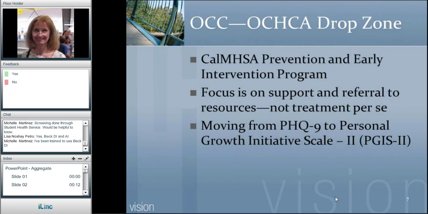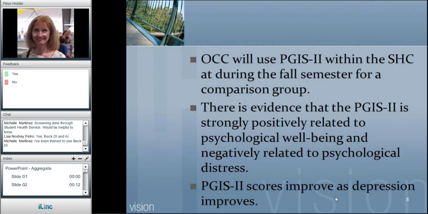He's now moving to a different tool called the Personal Growth Initiative Scale, PGIS-2, and that is much less of a mental health scale than looking at attitude. However, it is also strongly related to psychological well-being, negatively related to psychological distress. So it's kind of a proxy for depression.